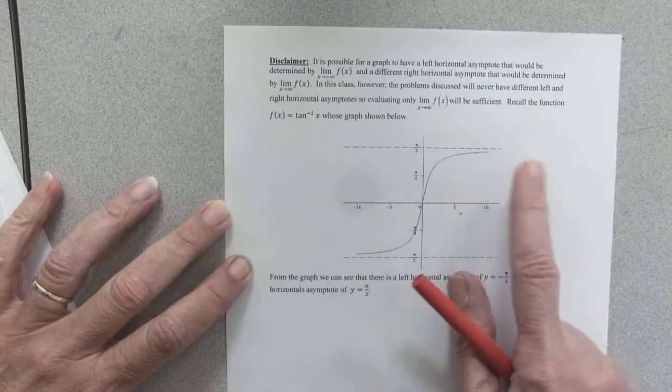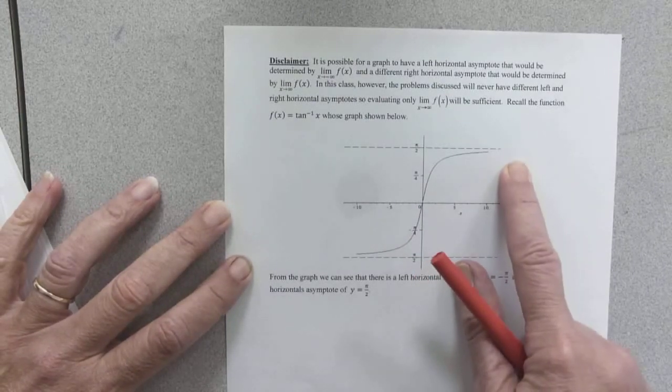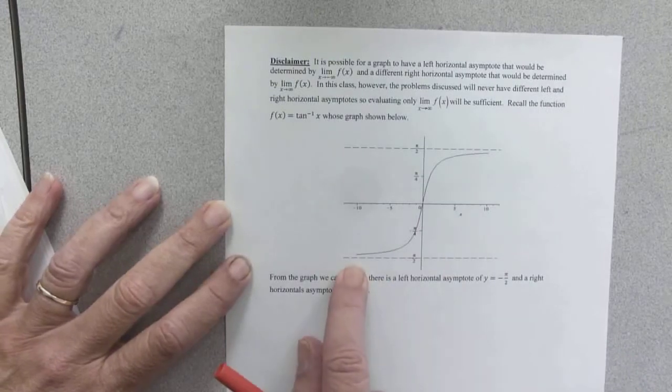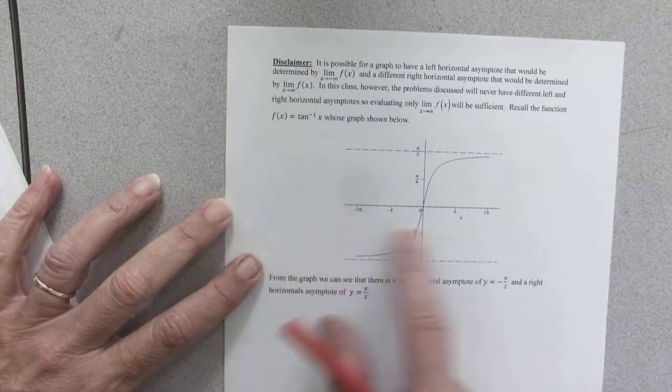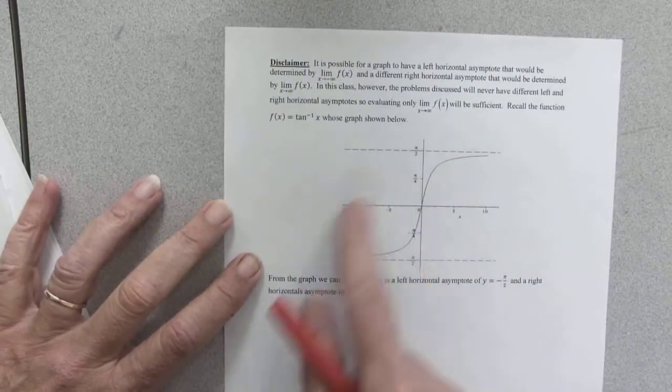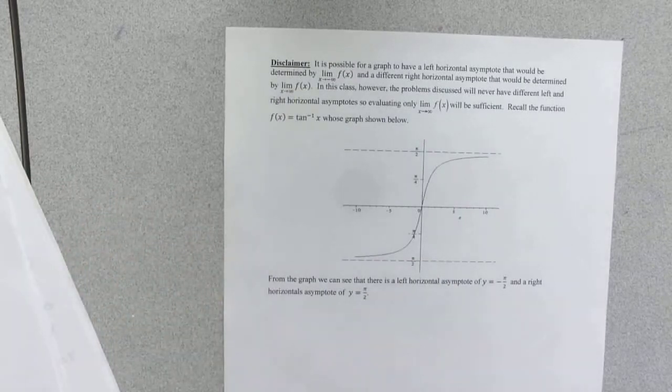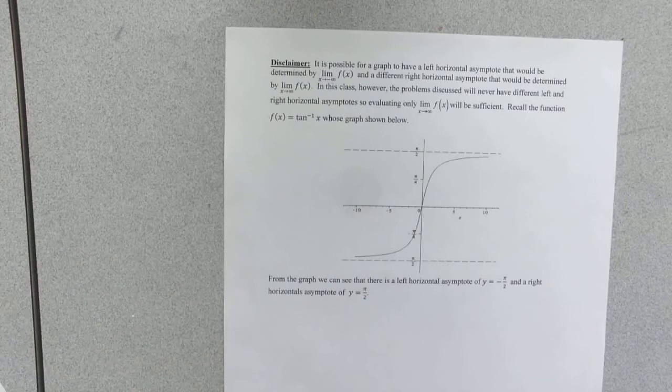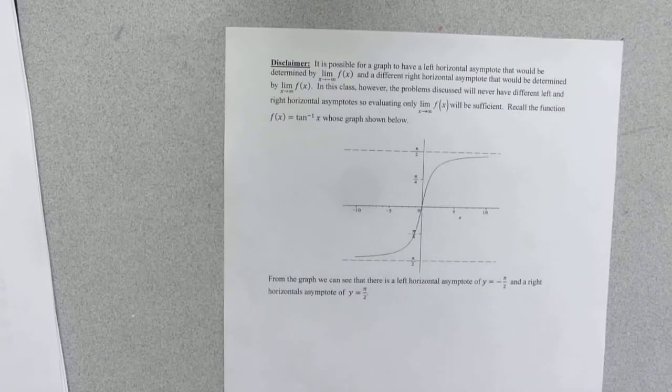And notice it has a right horizontal asymptote of y equals pi over 2 and a left horizontal asymptote of y equals negative pi over 2. And this graph is going to creep up in your future, especially if you go on to Calculus 2. So it is very possible for a function to have different left and right horizontal asymptotes, just not in this class. And I think we'll end this video here and then find some horizontal asymptotes in the next video.